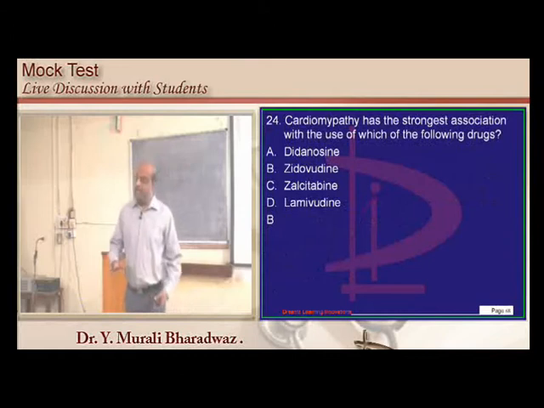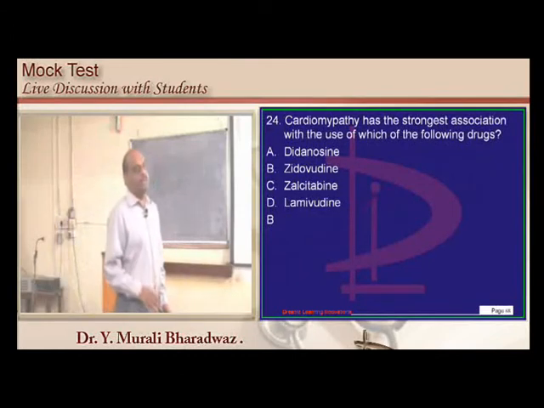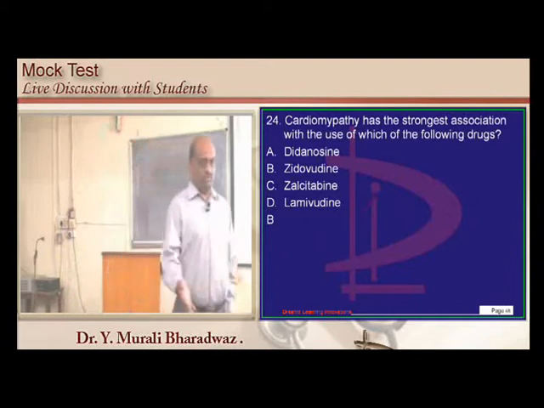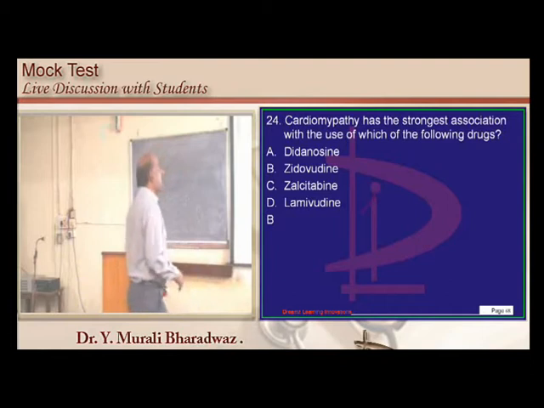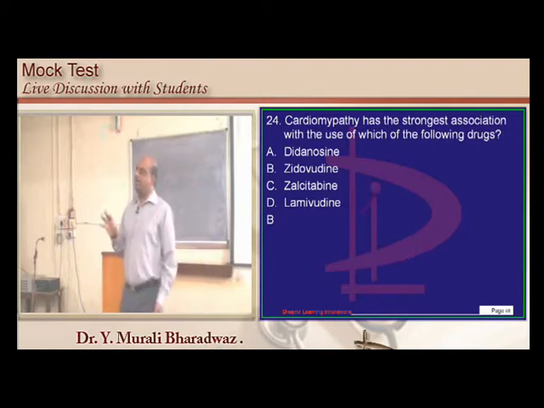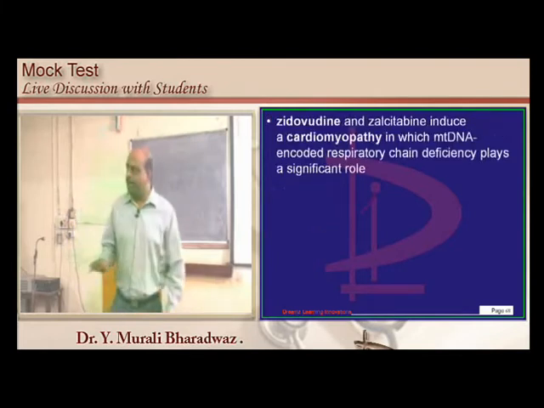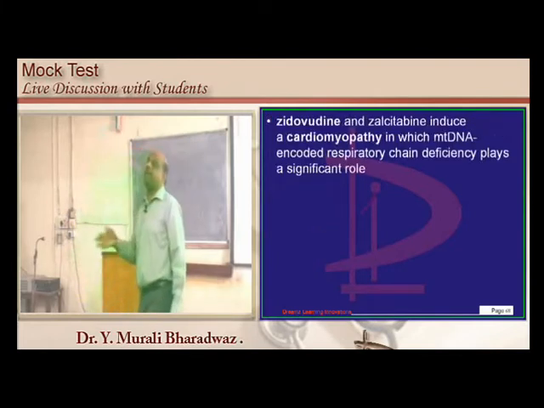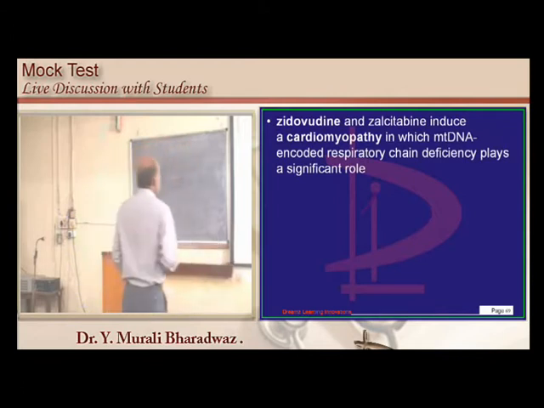Then zidovudine leads to myopathy, we all know very well, that is skeletal muscle myopathy. It leads to bone marrow suppression. We also need to remember it leads to cardiomyopathy, especially zidovudine and zalcitabine are the two drugs known to lead to the development of cardiomyopathy, where the mitochondrial DNA encoded respiratory chain deficiency is considered the underlying pathophysiology, is what I want to underscore.